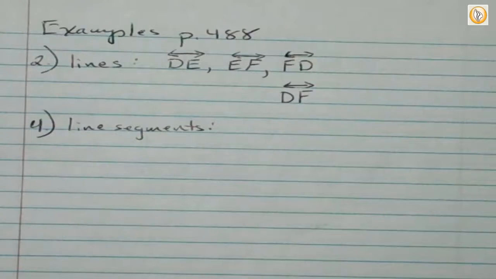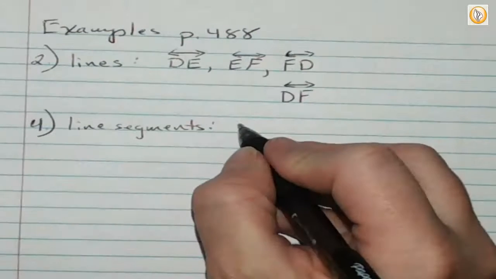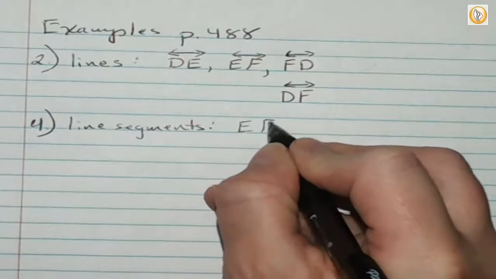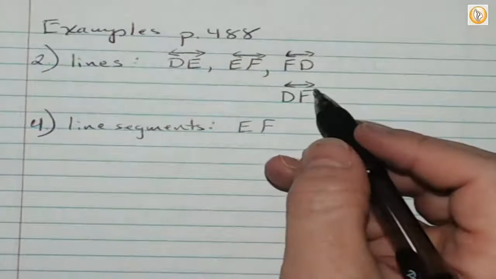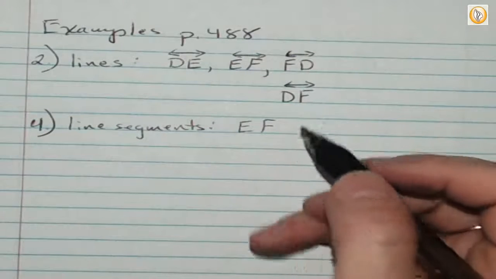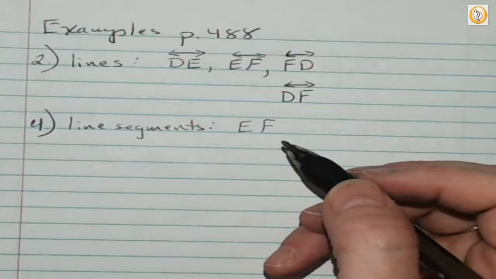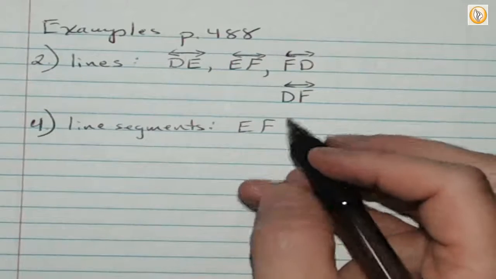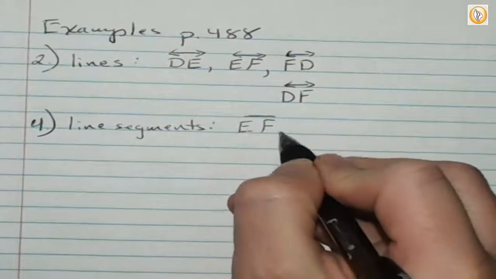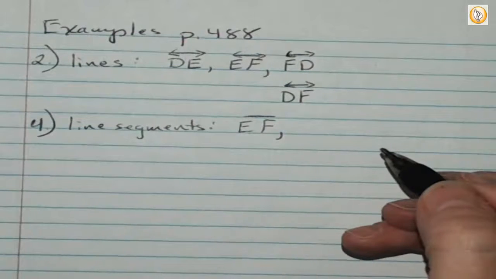Okay, it can be EF, but what does the symbol look like? Does it have arrows? So what does the symbol look like? It's just a straight line. Very good.